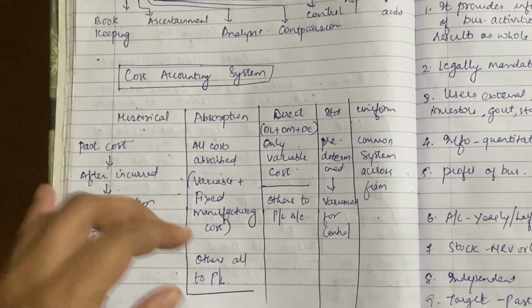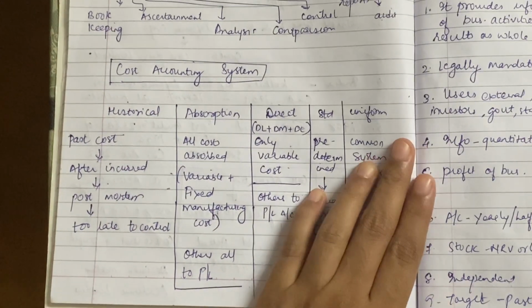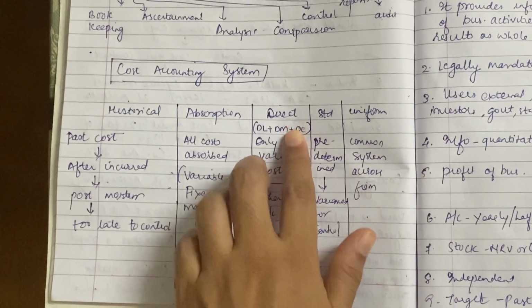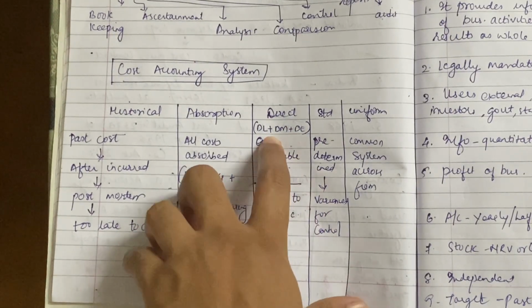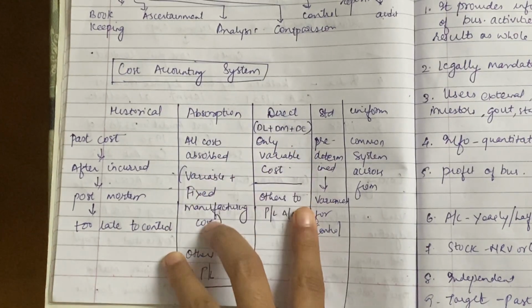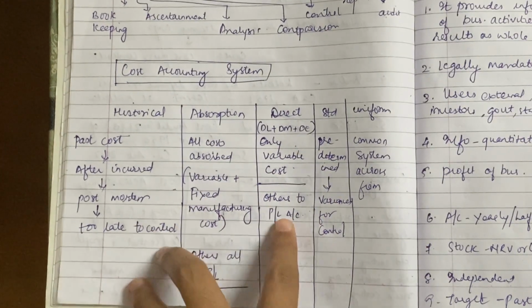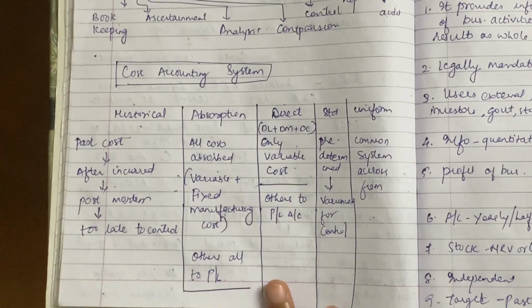This would be considered in the P&L account. Now direct costing: direct and variable costing are the same. Here direct labor, direct material, and direct expenses are only considered, and fixed manufacturing cost is not included. Others are all charged to P&L.